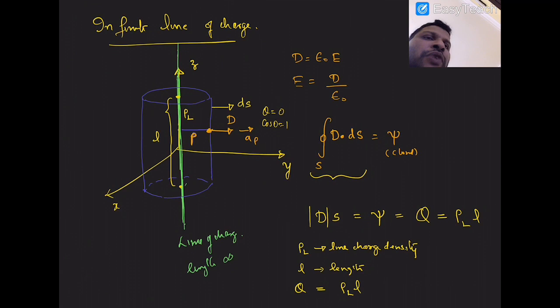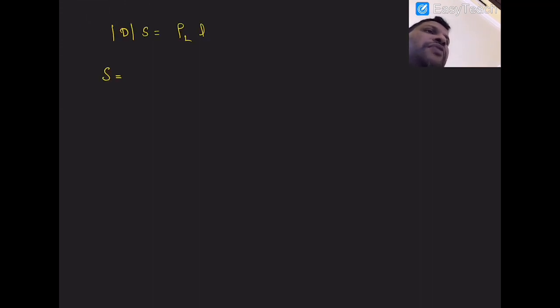And what is the surface area of the cylinder? When you consider this portion, you are not considering the bottom portion and the top portion. These two portions will not be considered. So the surface area of the cylinder is nothing but 2 pi into rho into L. By using this, we can put it in the above equation.